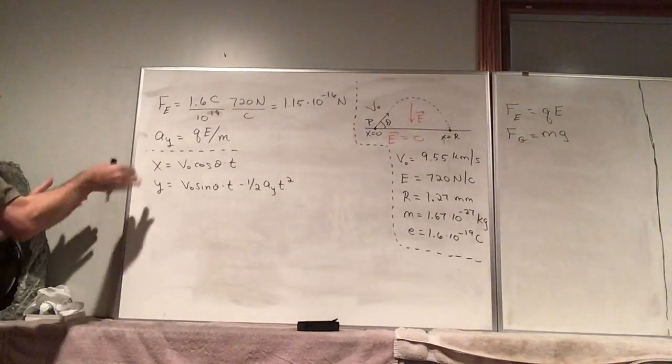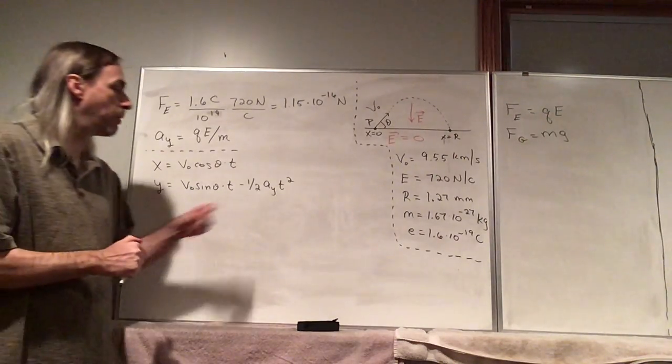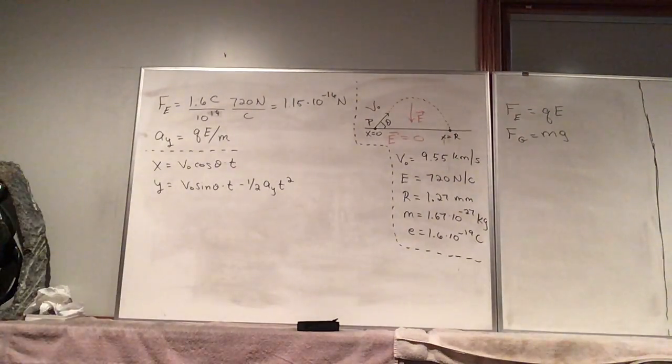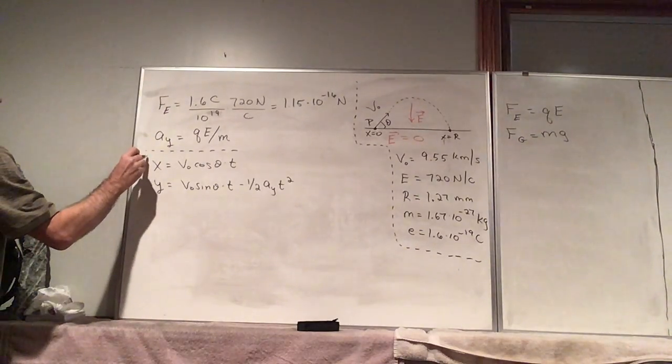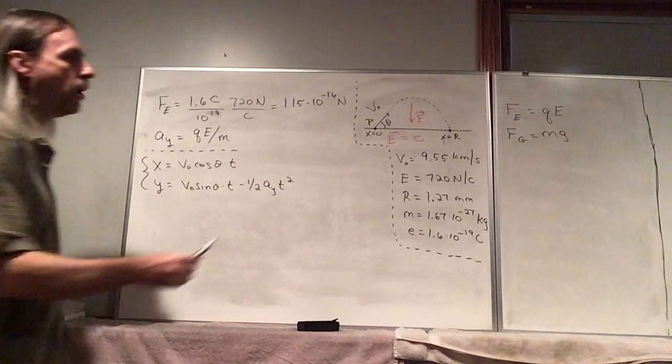So we're going to have to combine these two equations. We're essentially going to have to rederive the range equation just with a different acceleration. So here's our basic set of equations.